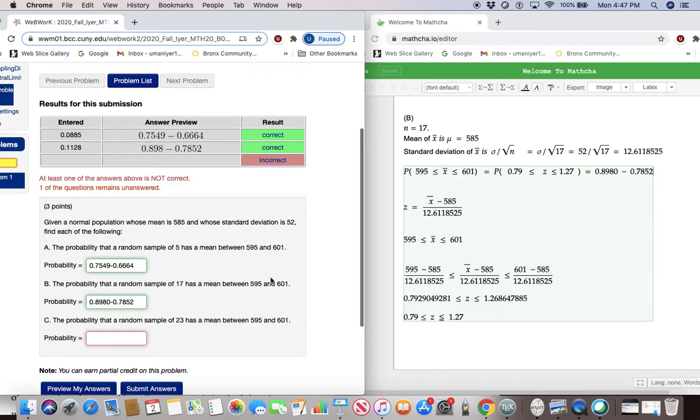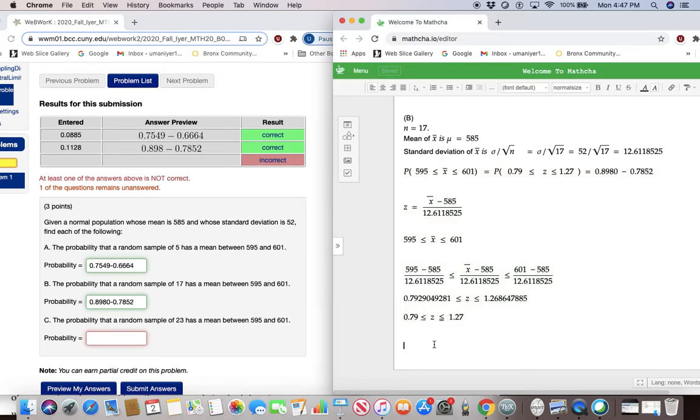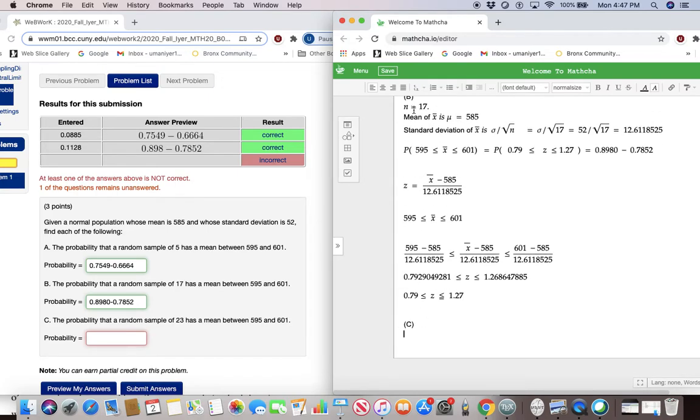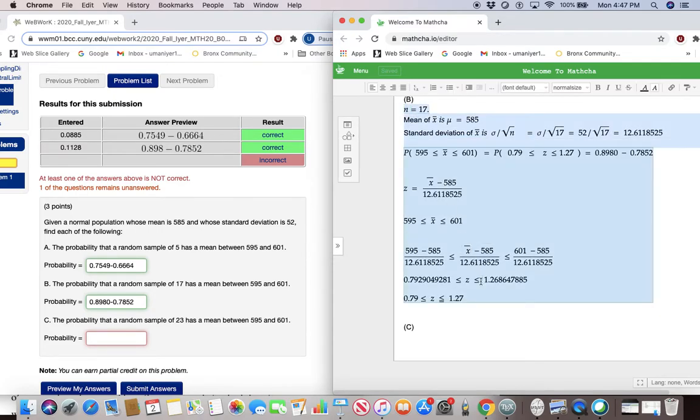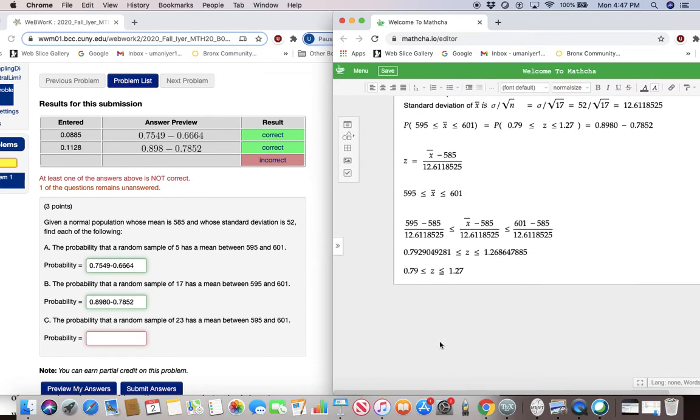It works. Good. The third one: a random sample of 23 has a mean between the two things. So problem C is exactly the same, but now my sample size is 23. Let me copy and paste this argument.